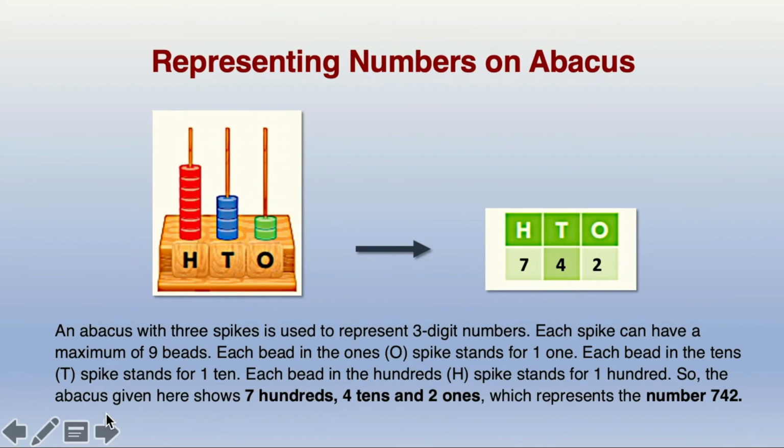So the abacus given here shows 700, 4 tens and 2 ones, which represents, meaning which shows, the number 742. So over here we have written the digits and the numeral, the number is 742, which is represented, or we can say which is shown by this abacus.